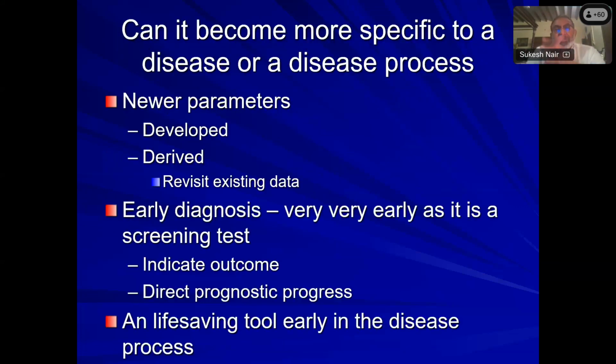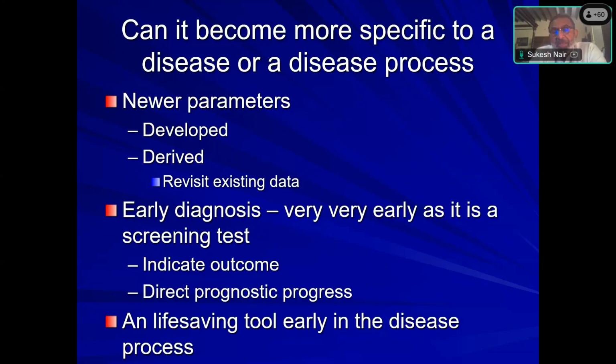Now, the issue is, can the cell counter output be more specific to a disease or a disease process? A lot of newer parameters are being developed. Some are already developed. Some are being derived by revisiting existing data.